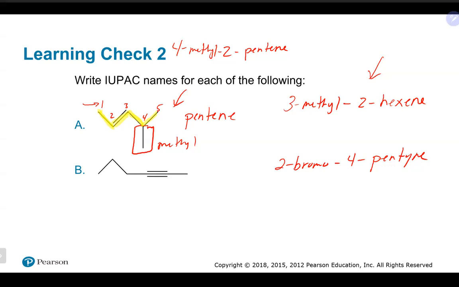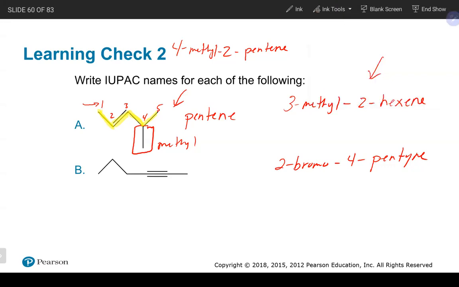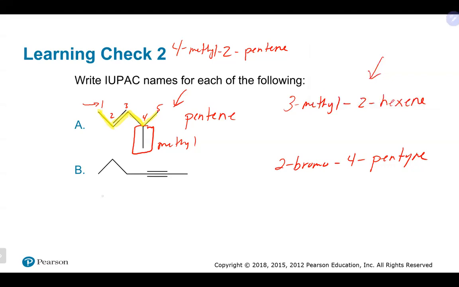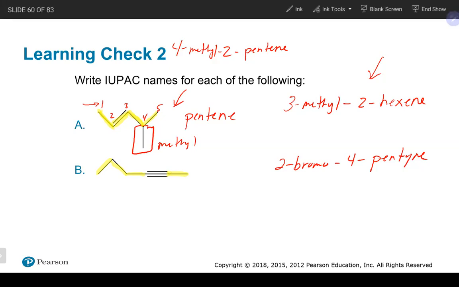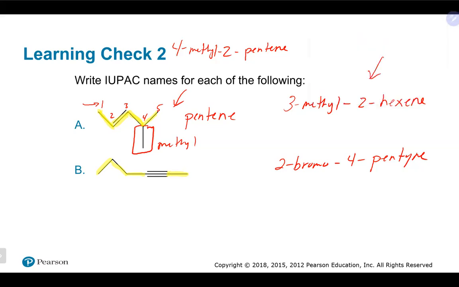Okay, looking at the next one here, we got straight across, I'm thinking here. So 1, 2, 3. There is one there, which is 4. There is one there, which is 5. And there is one at the end there, which is 6. So that is 6 carbons, which would be based off of hexane.